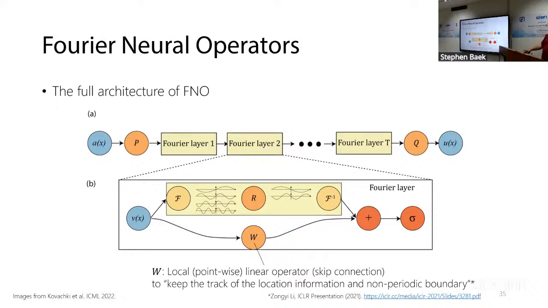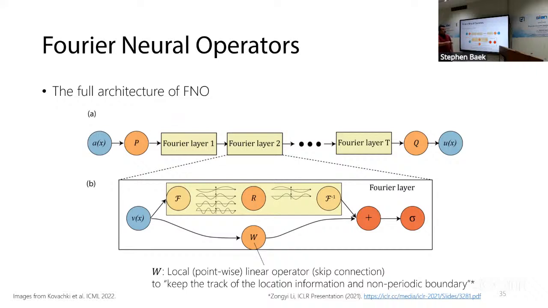Almost there. So the full architecture of the Fourier neural operator looks basically like this. Some input signal comes in, the input image comes in, and then that input image gets pre-processed. And then you apply a bunch of Fourier layers.